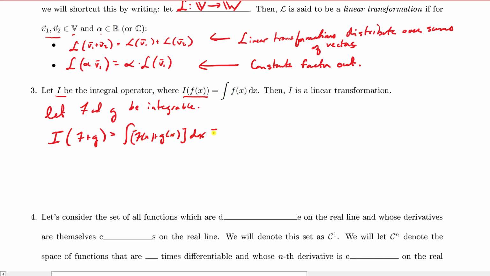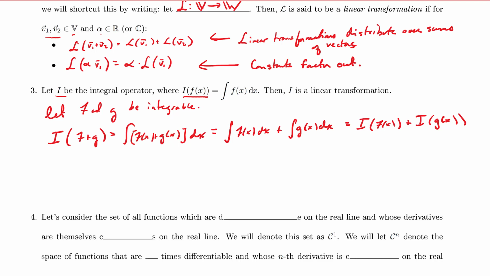And now I'm going to rely on the properties that we developed in Calc 1 that said I can distribute an integral over a sum. But then what is this expression right here? This would simply be what we got if we inputted f of x into the integral operator, and this one right here would be what we got if we inputted g of x into that single integral operator.